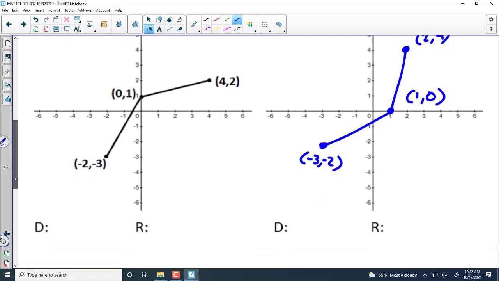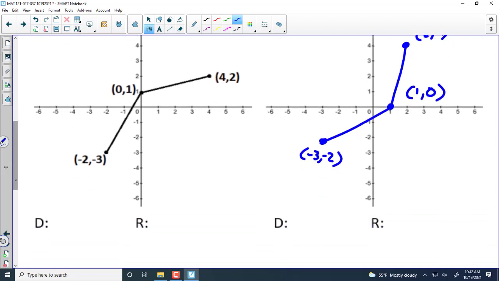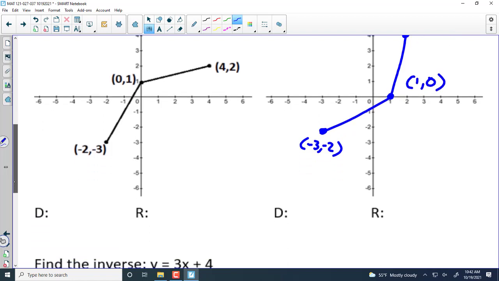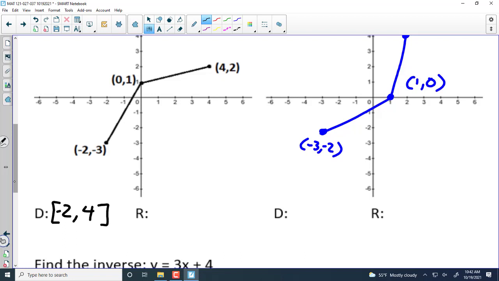And once again, the domain and range do switch. Now this time, we don't write the domain and range as a list of numbers. We write it in interval notation, because there's an infinite number of x values and an infinite number of y values, even though we've only labeled 3 of them in each one. So just as we did before, domain is going to be the far left to the far right for this first one here. So it's going to be negative 2 all the way to what? 4. And the range is going to be bottom to top, so it's going to be what y value?